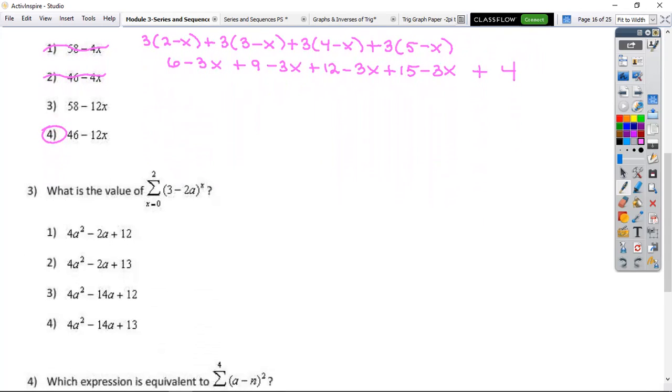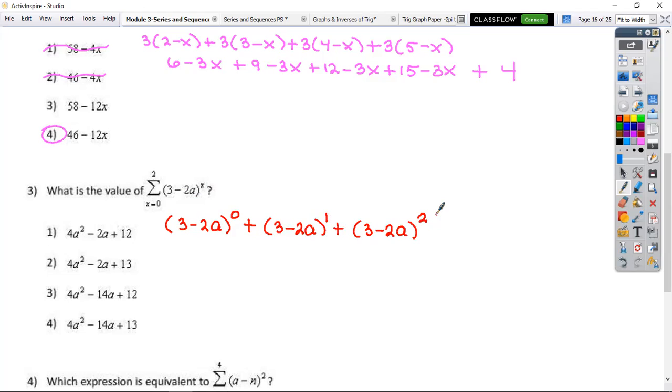So the next one, I am going to replace the exponent with 0, 1, and 2. So I start at 0 and end at 2. So this is going to say 3 minus 2a raised to the power of 0 plus 3 minus 2a raised to the power of 1 plus 3 minus 2a raised to the power of 2.